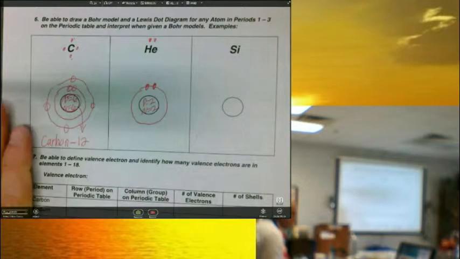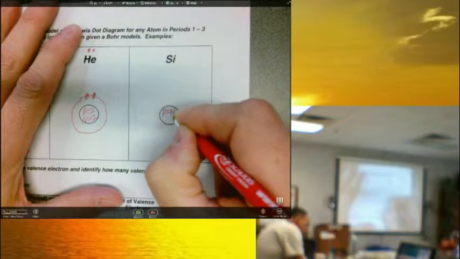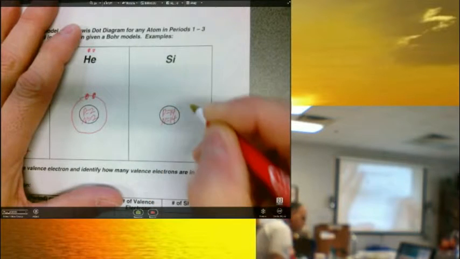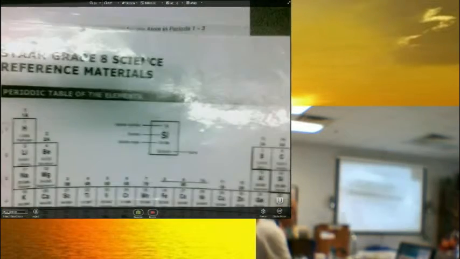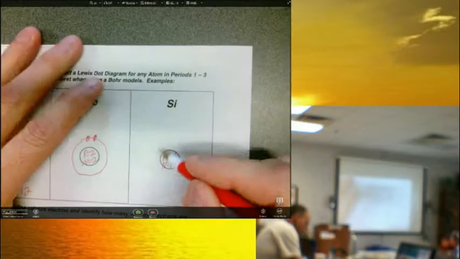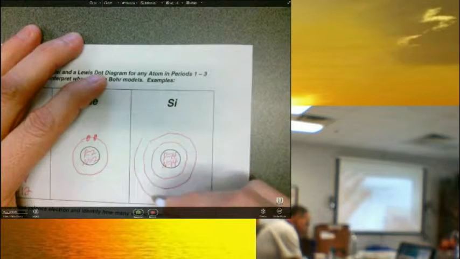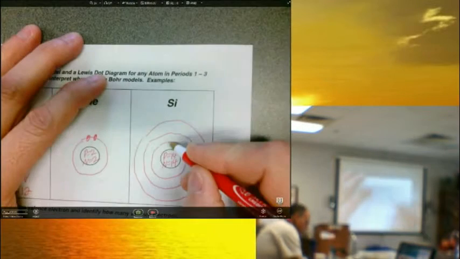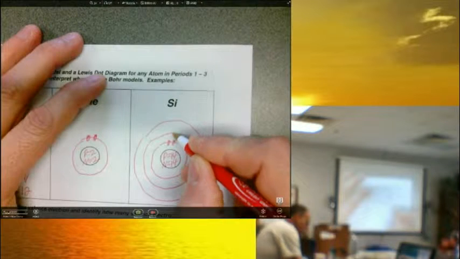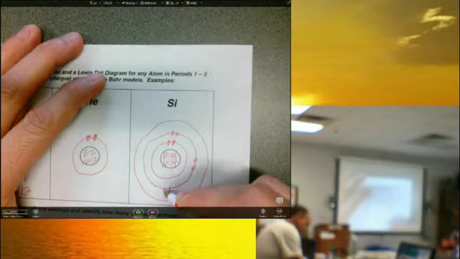Okay, silicon. Silicon on the periodic table has 14 protons and 14 neutrons. If you find it here, again, you go across this way, you see that it has 3 shells. So we need to draw 3 shells. 1, 2, 3. 2 electrons in the first shell. 1, 2, 3, 4, 5, 6, 7, 8.